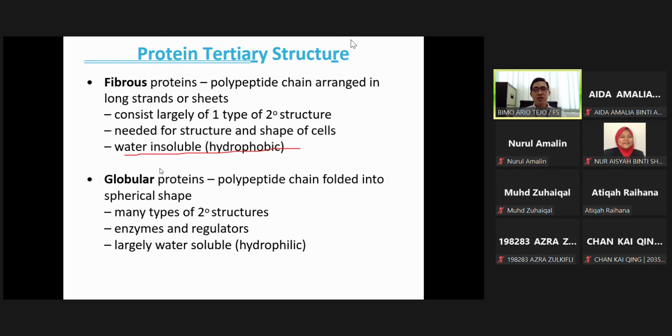So that's the time your skin will release a lot of dead skin cells that consist of keratin.